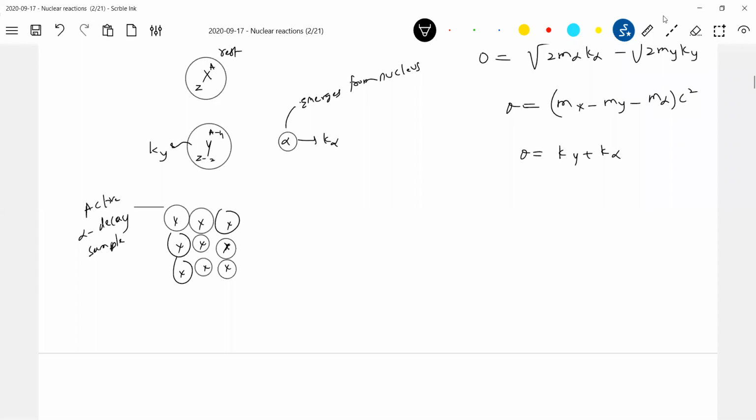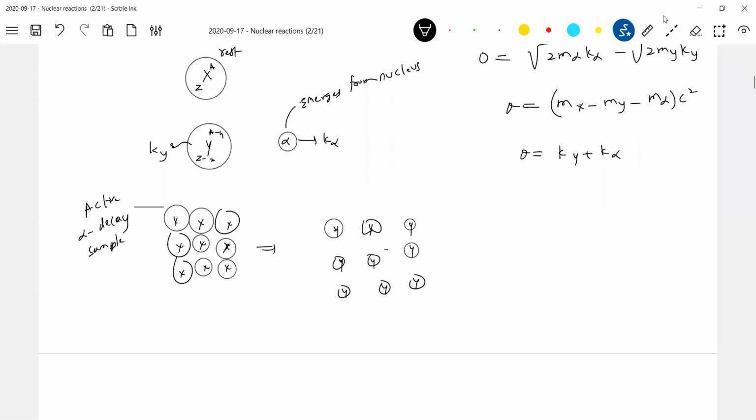Then what do we get? We get it will form a daughter. What about the alpha particles which are emitted from this sample? I'll measure.